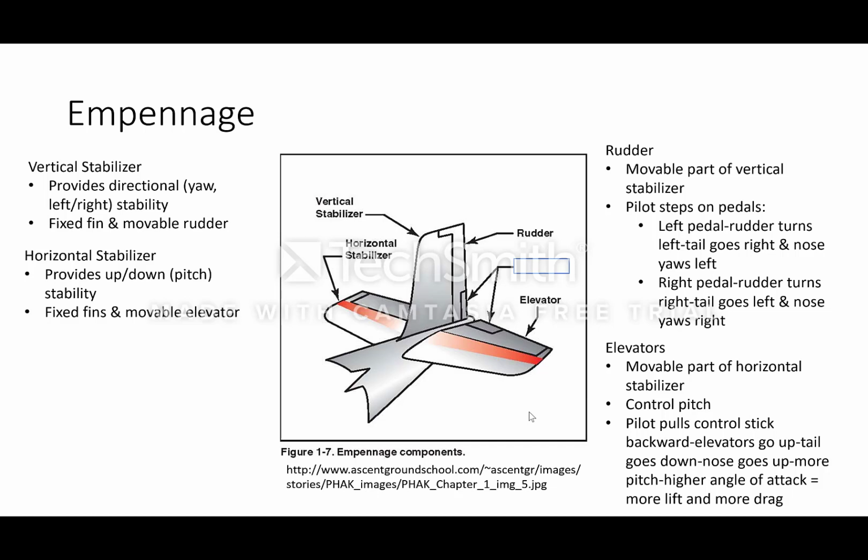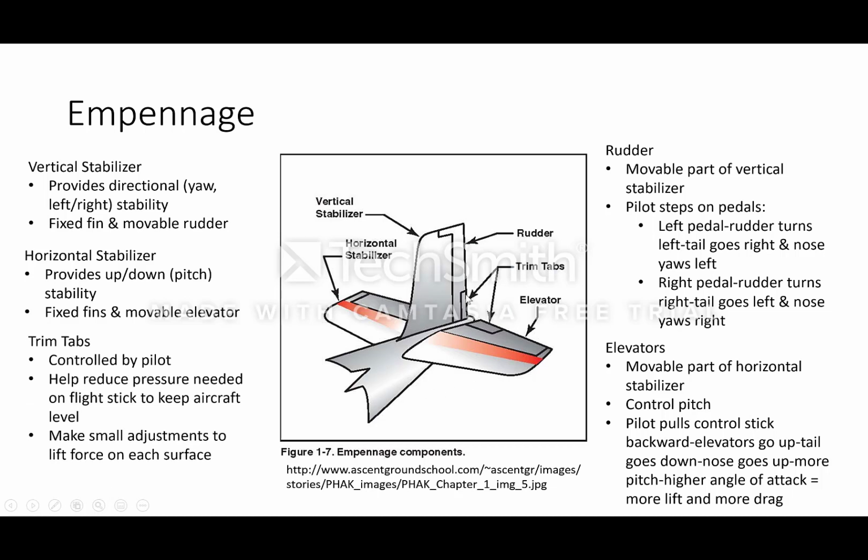And because that plane is a fixed, sturdy piece, if the tail goes down, the nose has to go up. So you get more pitch and a higher angle of attack. That creates more lift and more drag. So it really depends on what it is that you're doing. Like, are you taking off or landing or just flying between two places?